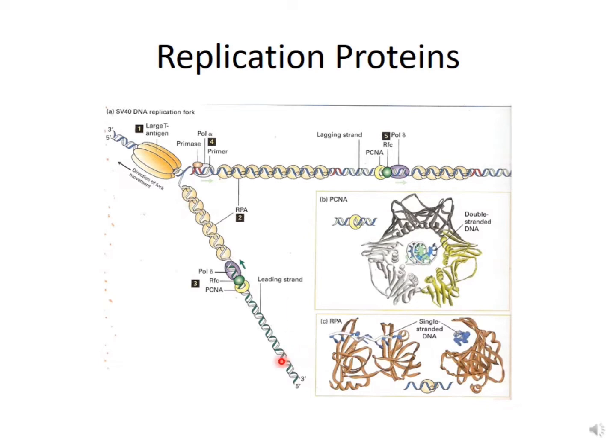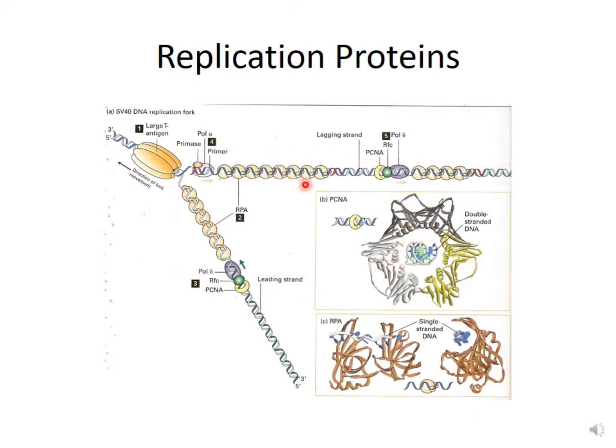At the beginning of the leading strand, primase is going to have a primer of RNA bases to which pol alpha binds. Then pol delta binds to that strand using two different proteins, RFC and PCNA, and replicates the leading strand as it moves along the leading strand.